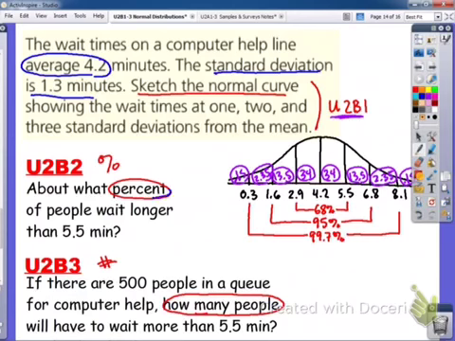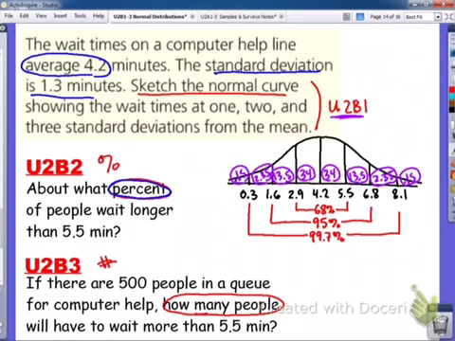About what percent of people wait longer than 5.5 minutes? So what I do here is I'm just going to look right here at 5.5, and I basically want to know what percent is this. So that's real simple.